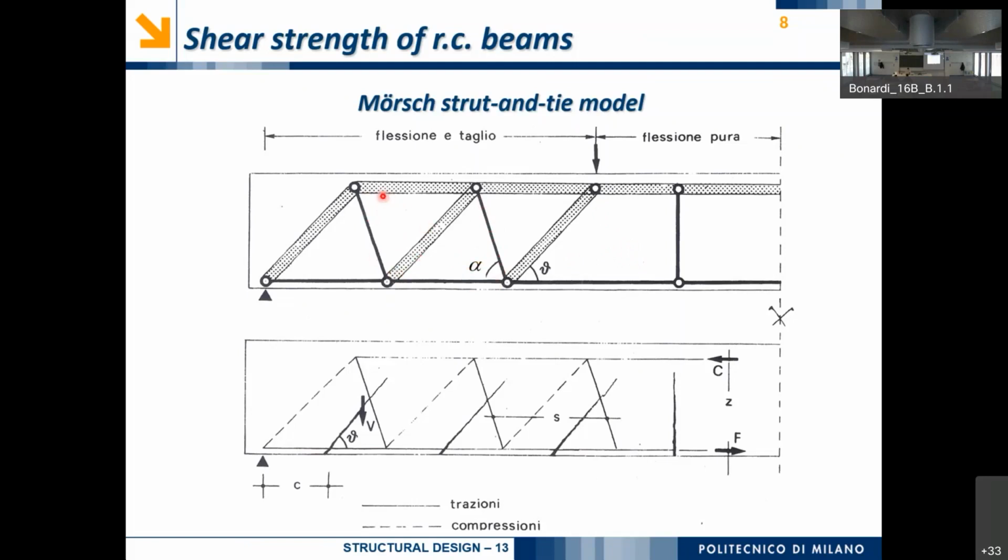There was a technique that was used several years ago, but can still be used. It is more expensive. Otherwise, we use stirrups, in Italian le staffe, that are just vertical elements, exemplified here. They are put in the transversal direction of the beam, not in the longitudinal one.